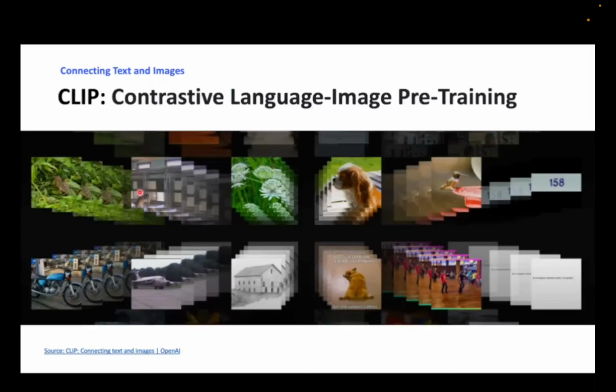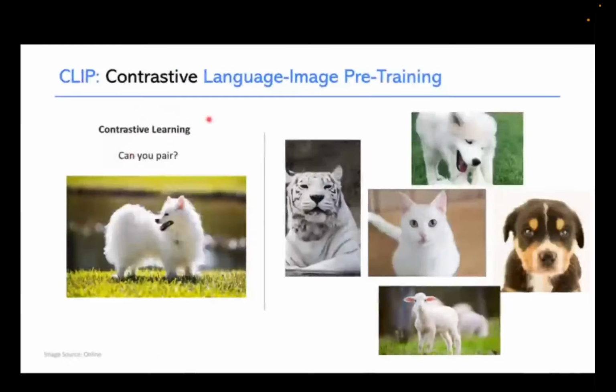So first question, what is CLIP? CLIP is Contrastive Language-Image Pre-training. You may feel like you understand every word here, but you cannot understand what is represented. First, the concept contrastive. Contrastive learning actually is very simple. When you are very young, how do you learn things?